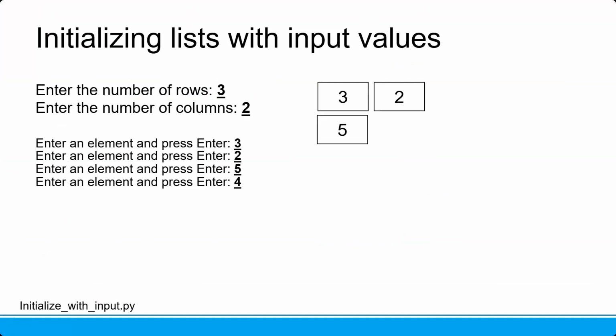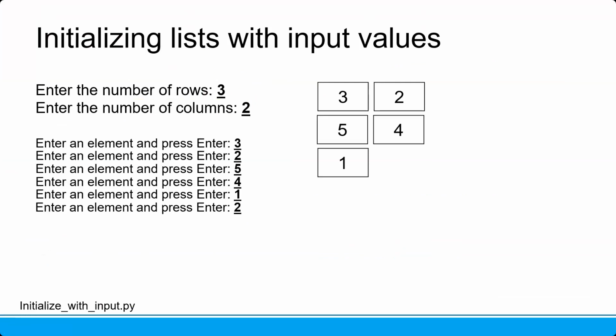When I enter 4, the next element is 4. When I enter 1, the element is 1. And when I enter 2, the element is 2. This is because we already determined that there are 3 rows and 2 columns. Okay. Now, how shall we write the code?